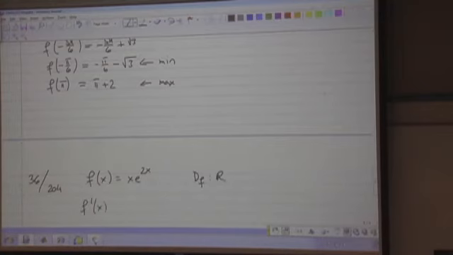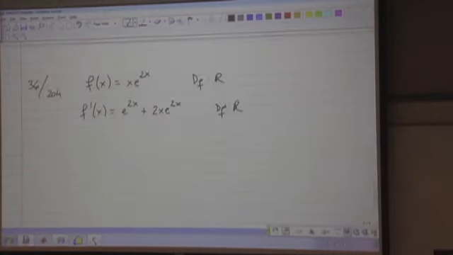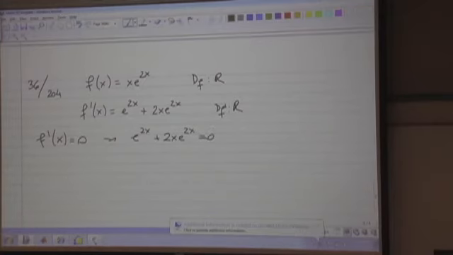F prime of x is e to the 2x plus 2x e to the 2x, sorry. It'll again have a domain of everything, right? So the only thing we have to focus on is when is f prime of x equal to 0. So I have e to the 2x plus 2x e to the 2x is equal to 0.